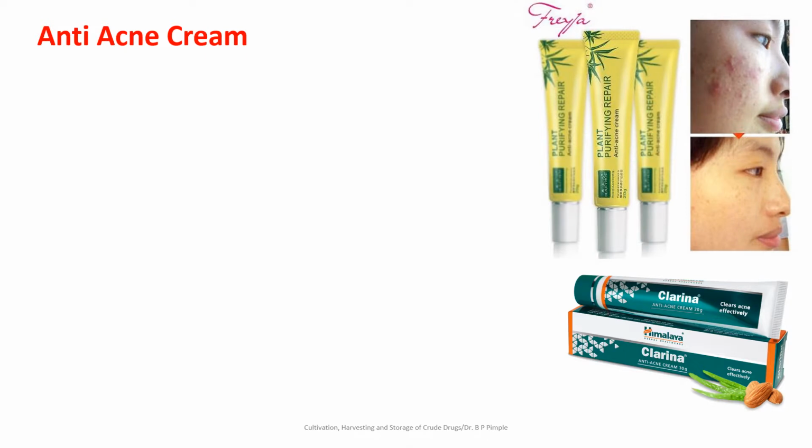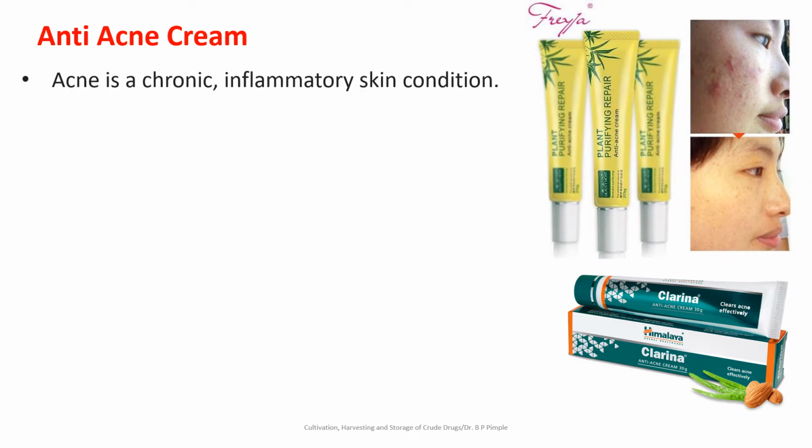Another formulation is anti-acne cream, or the creams which are used for the treatment of pimples and acne. Acne is a chronic infection and it causes inflammation, generally of the facial skin.